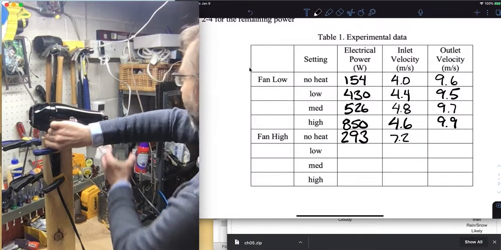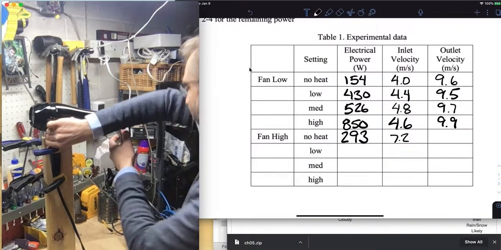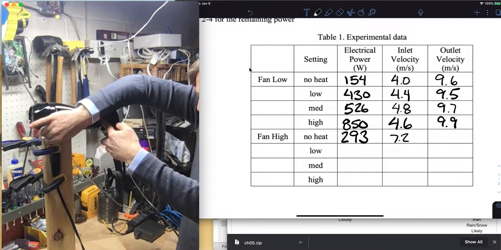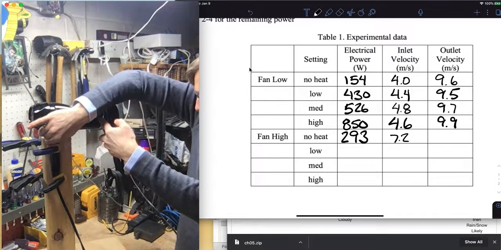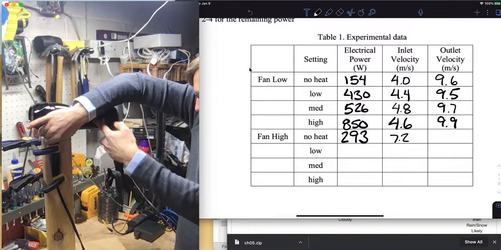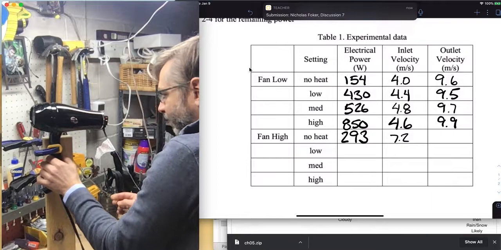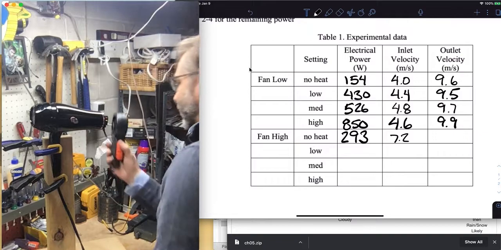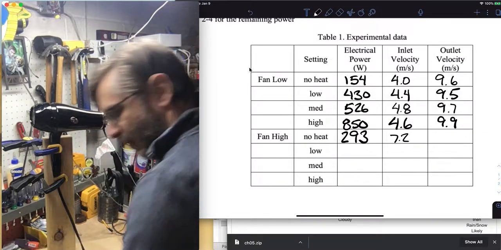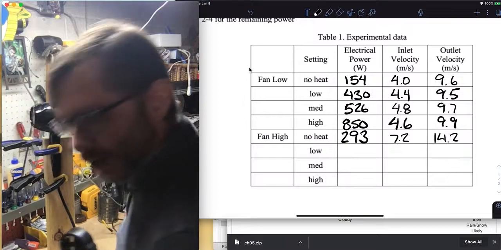And if I look at what the exit velocity is, about 14.2. Okay, so now we get the lowest heat setting.